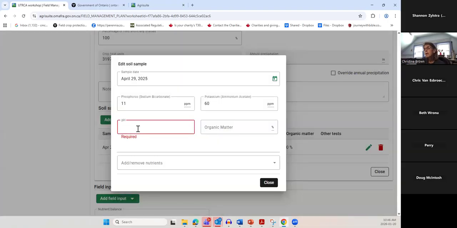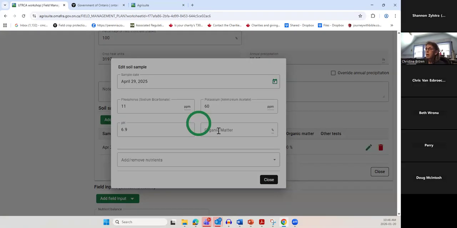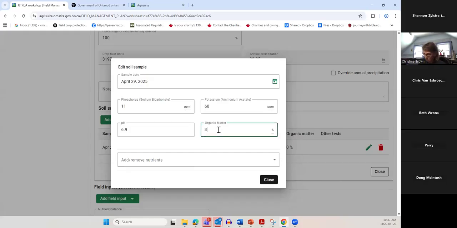pH. So pH in the crop management tool, if I have a pH problem, a low pH, it's going to give me the buffer information. In the field management plan, that will be added at some point. It isn't yet. So if we need buffer pH information, we need to go to that crop management tool. I'm going to say 6.9, and organic matter, we'll say 3.8.